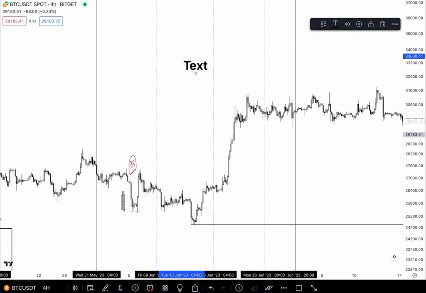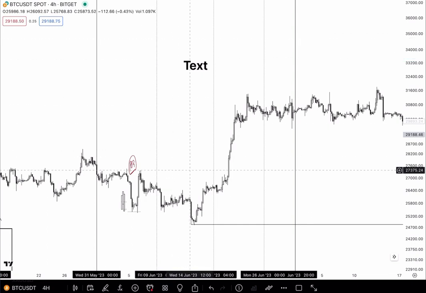Except if we're expecting a ranging higher time frame candle, then what do you do? What happens when you have a ranging monthly candle, for example, where it's going up and down and up and down?